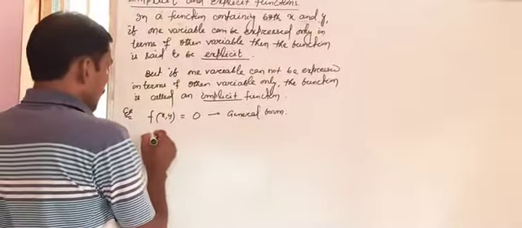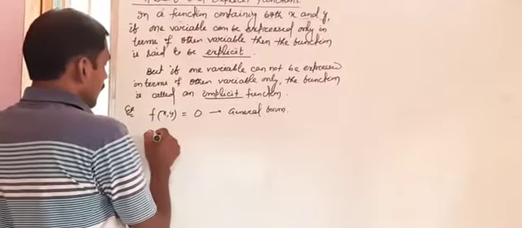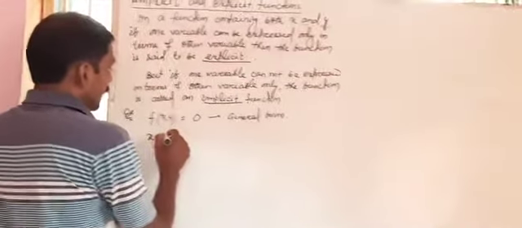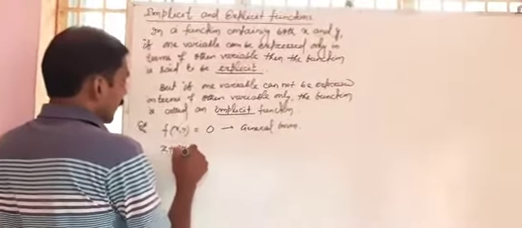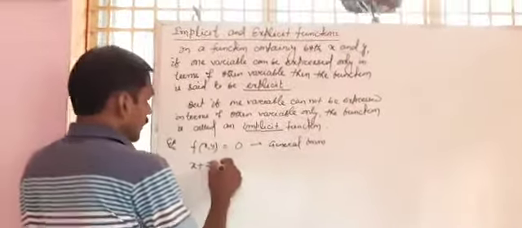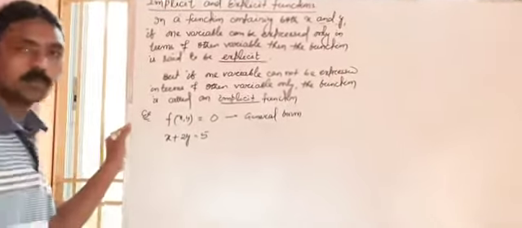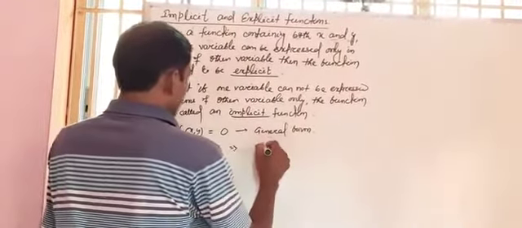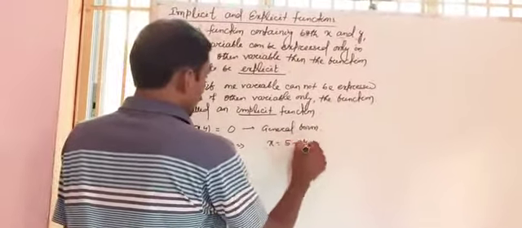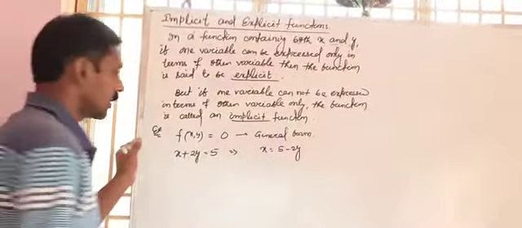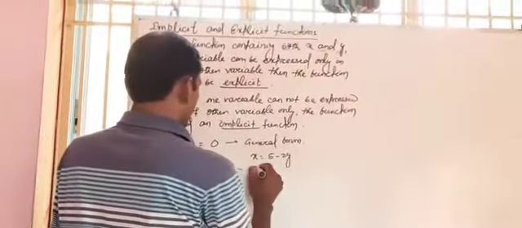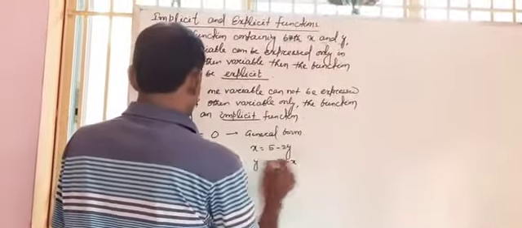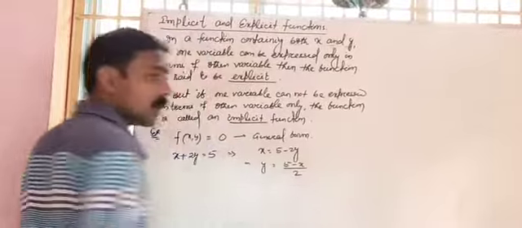Here, an example is: suppose that x plus 2y equal to 5. So here you can write x equal to 5 minus 2y, or y equal to (5 minus x) whole divided by 2.